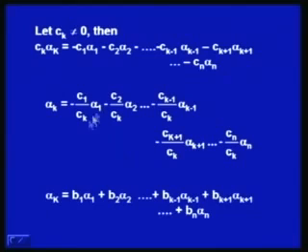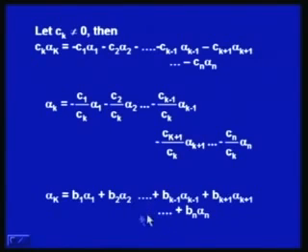Since minus C1 and Ck are constants, I can rename them as V1 and minus C2 by Ck as V2, and so on. So I can express the vector alpha k as B1 alpha 1 plus B2 alpha 2 plus Bk minus 1 alpha k minus 1 up to Bn alpha n.